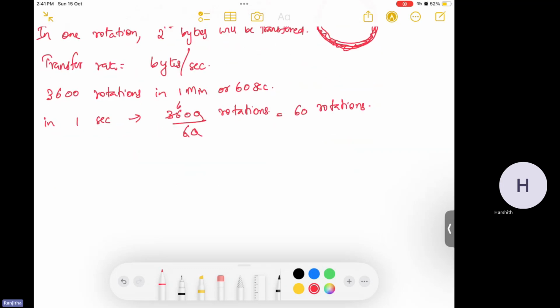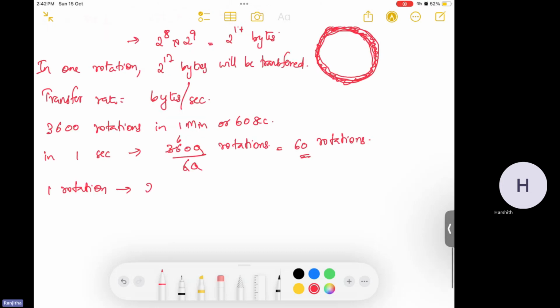So in 1 second we have 60 rotations, and one rotation can read 2 power 17 bytes.